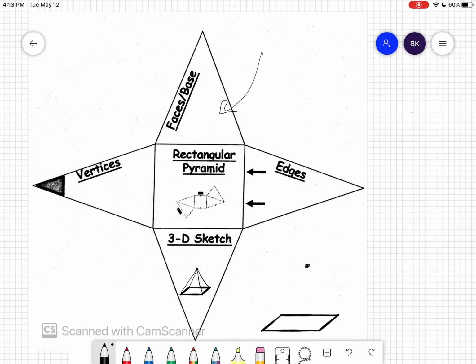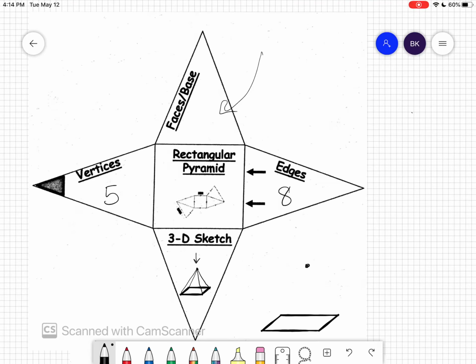So I'm going to zoom in just a tiny bit. And really quickly, we have how many edges? We have 8 edges. We have 5 vertices, right? 1 at the top right here, and then 1, 2, 3, 4 around the base.